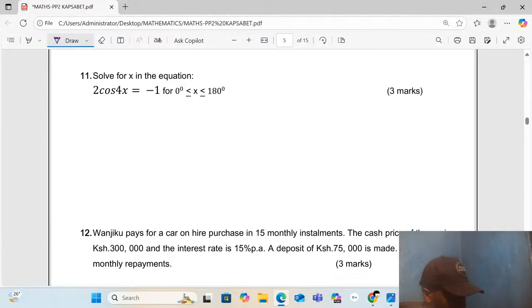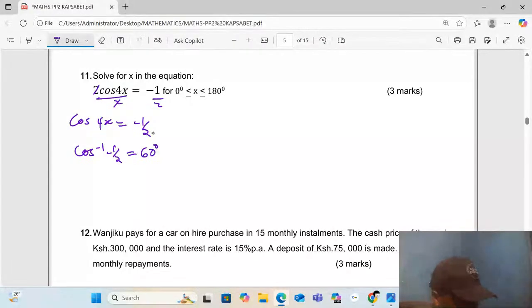Now, with this one, first of all, you simply divide by 2, so that this 2 goes with that, so that we have cos 4x to be equal to now negative half. That one is simple. So that cos inverse negative half gives 60 degrees.